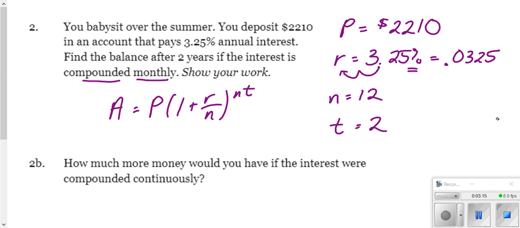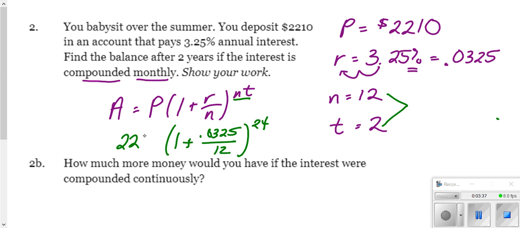So I would recommend doing r divided by n. In this case, that would be 0.0325 divided by 12 and hitting enter, adding the 1, hitting enter. And then n times t is not too hard to do, right? So that's an exponent of 24. And then take that answer and multiply by 2210.